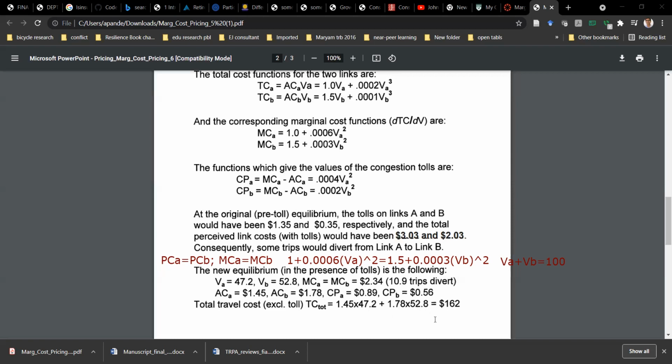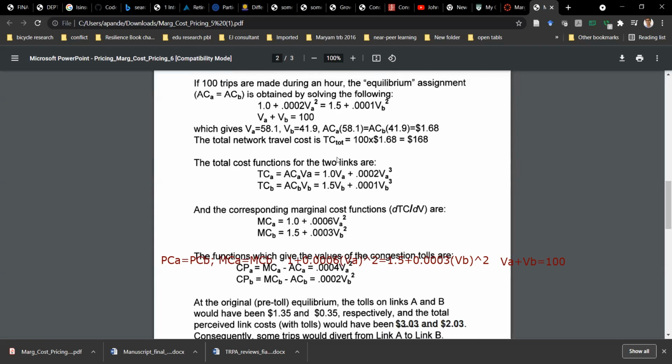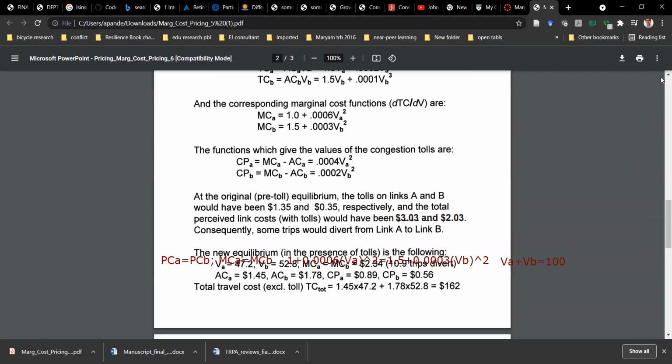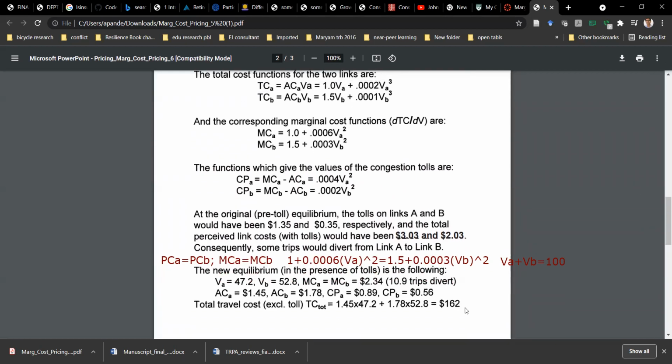Your total system cost is 162. And remember, the total network travel cost used to be 168 before, and now it's only 162.